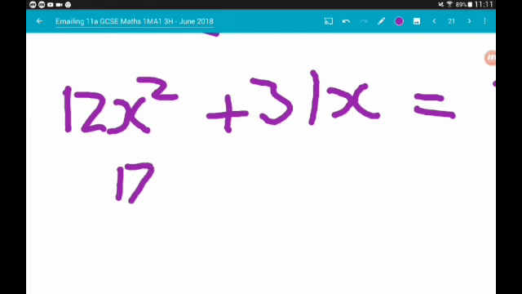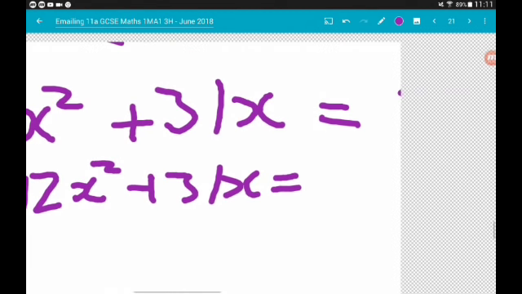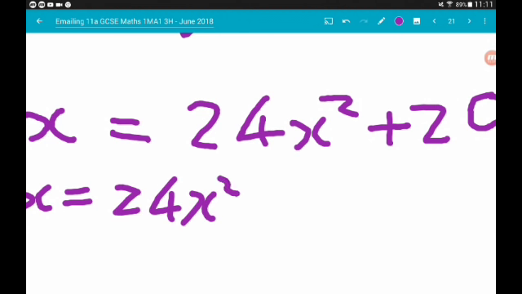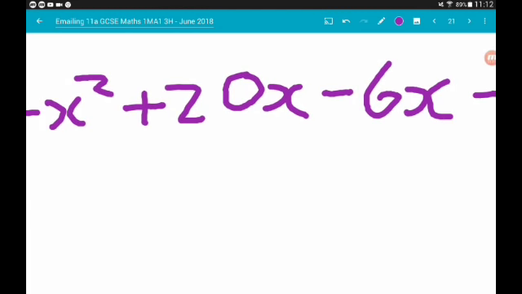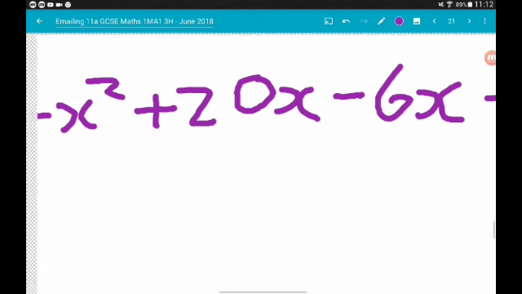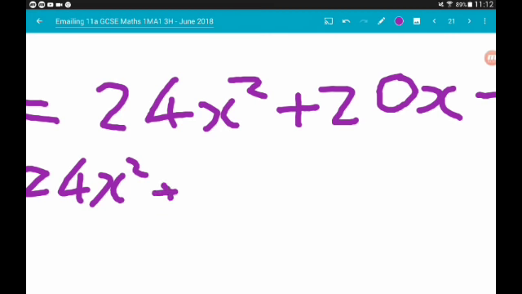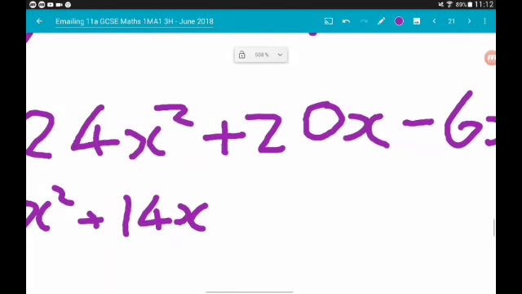So we got 12x squared add 31x is equal to, so we got 24x squared, now we got plus 20x minus 6x, so that is giving us plus 14x, and then we got the minus 5 at the end.